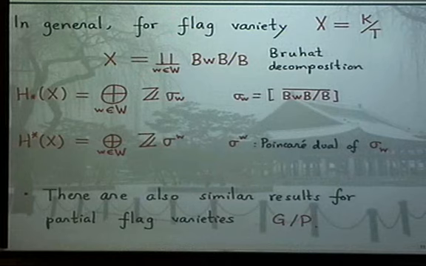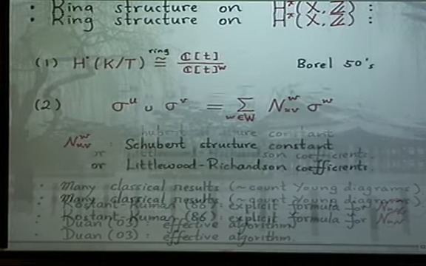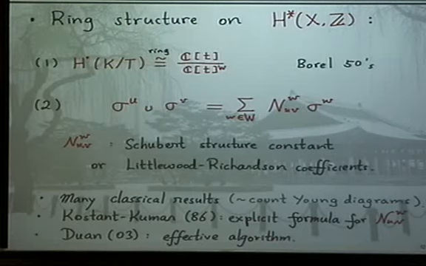Okay. Now the next question is what is the classical ring structure? And then of course our aim is to understand the quantum product. Okay. So to describe the classical ring structure, which is a very classical problem, as an abstract ring, Borel had a description of it many years ago.